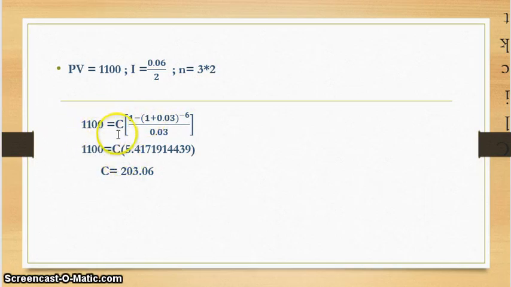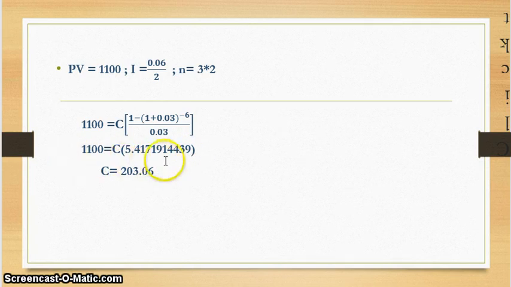Then if we substitute into our formula, it becomes 1,100 is equal to C times the bracket. So we are looking for the value of C, which is our unknown, the payments or the cash flows. If you do your math by making C the subject of the formula, working this bracket, you get 5.41719144439.